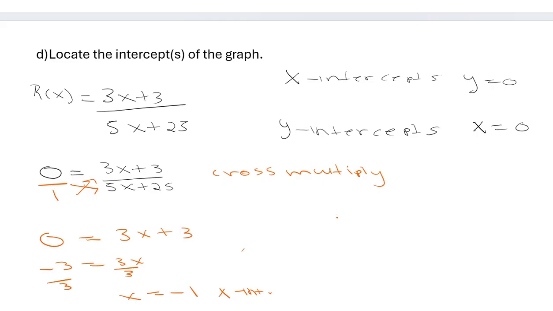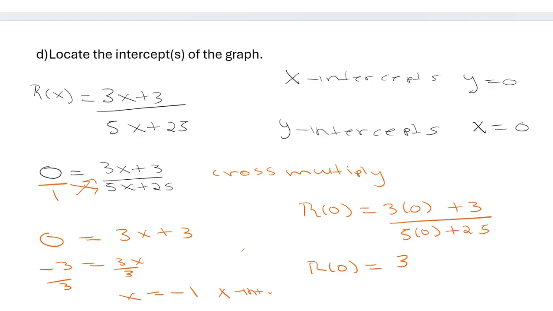Now to find the y-intercept, I am going to substitute 0 for x. So 3 times 0 is just 0, plus 3, is 3. 5 times 0 is just 0, plus 25, is 25.